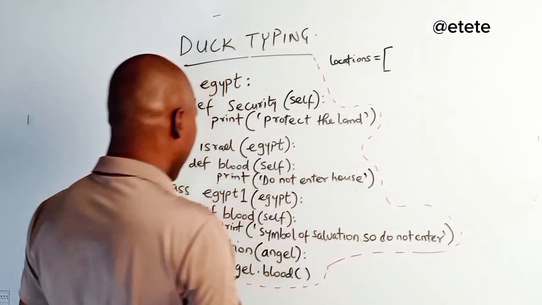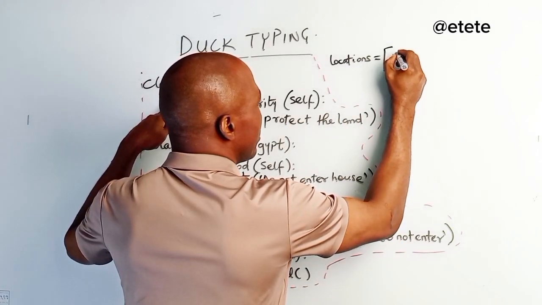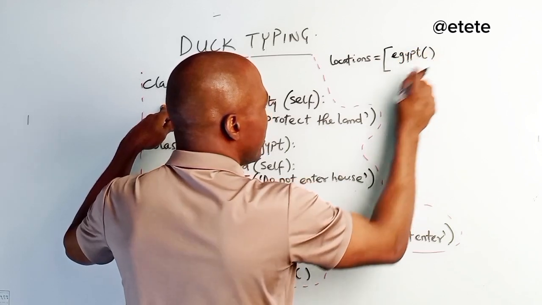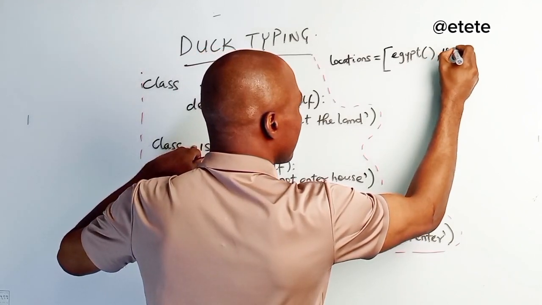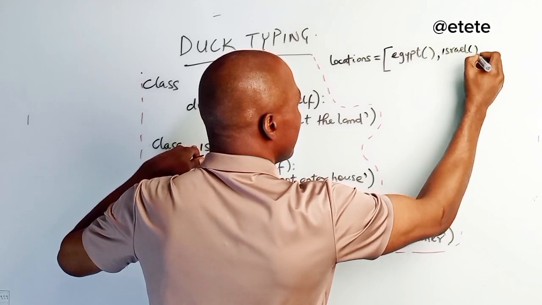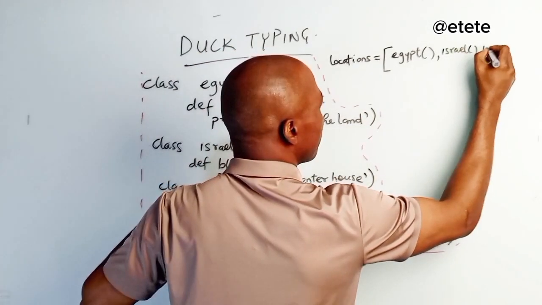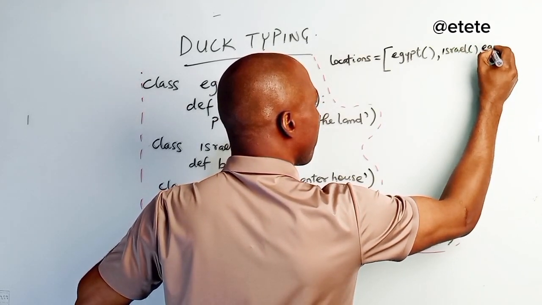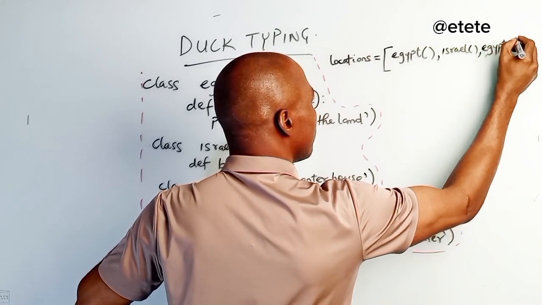Then I'll bring in all of my classes. In this one, I will say Egypt class, Israel class, and then the last one is Egypt 1 class.